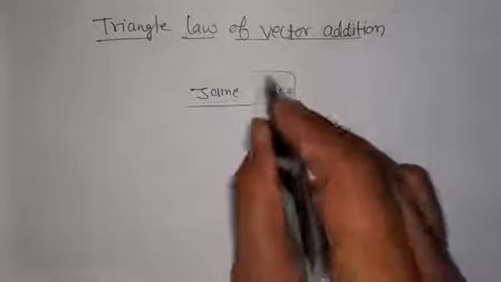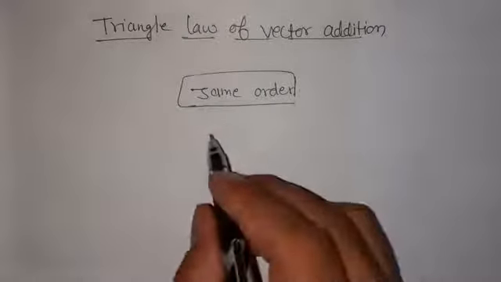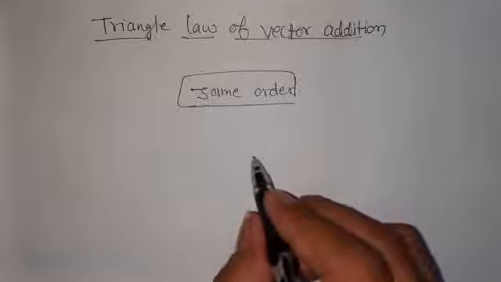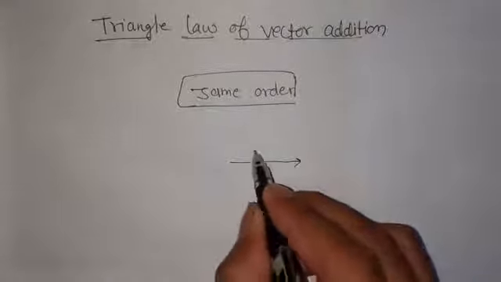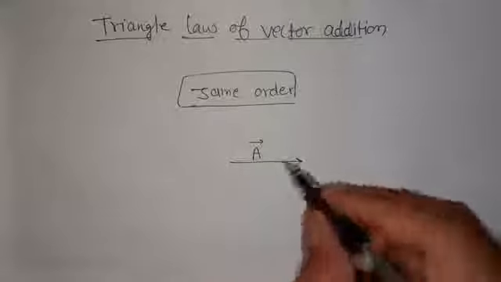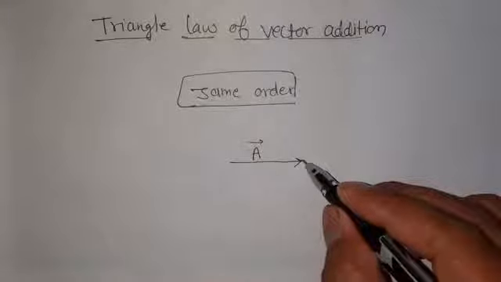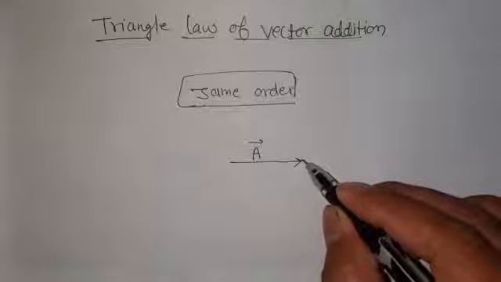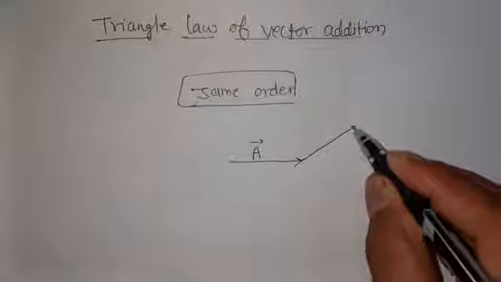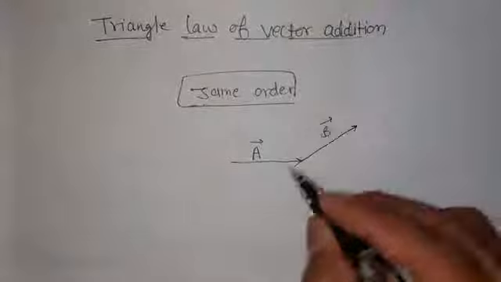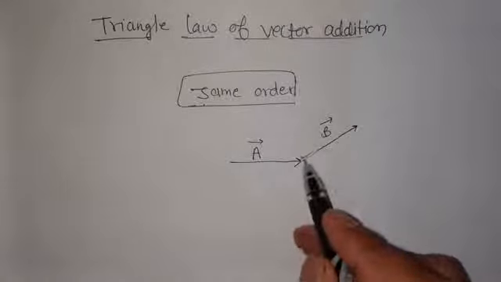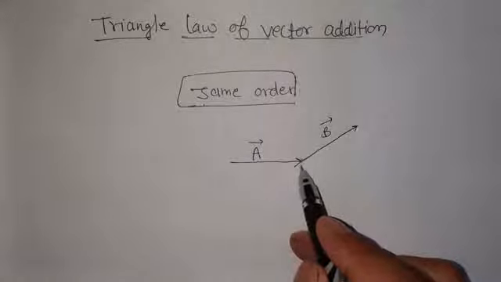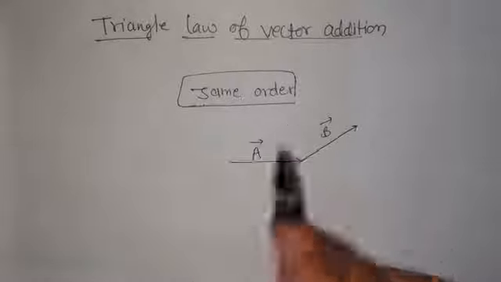Same order means that if I have two vectors, a and b, I keep the tail of the second vector at the arrowhead of the first vector. So the tip of one and the tail of another coincide. Then this is said to be same order.